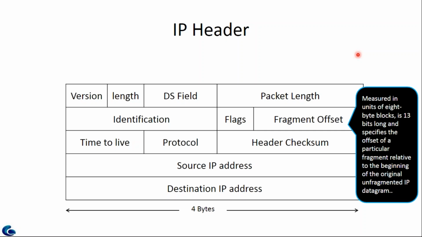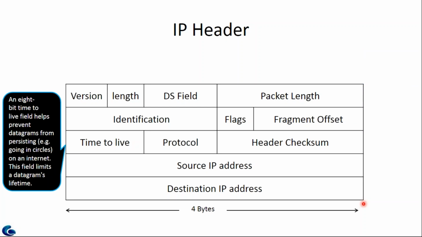They keep on getting fragments, and looking at this offset value, they will place those fragments in the original datagram. By the time all pieces come together, the picture is complete. So this helps to reconstruct the original datagram accurately. This field is 13 bits and it specifies the offset of a particular fragment relative to the beginning of the original unfragmented IP datagram, right?